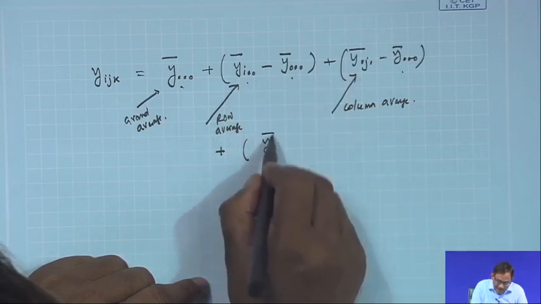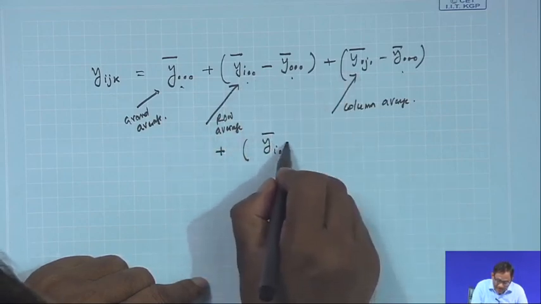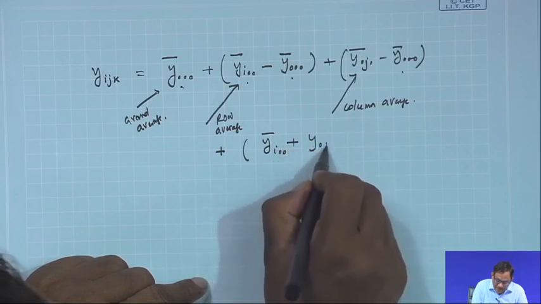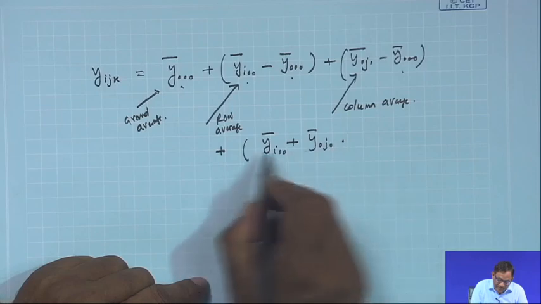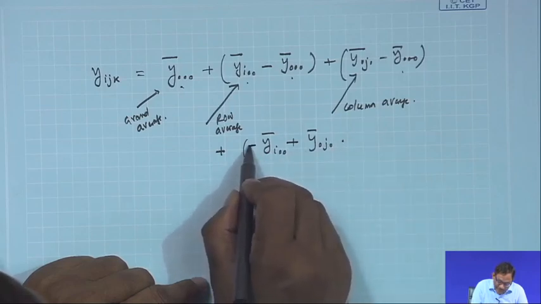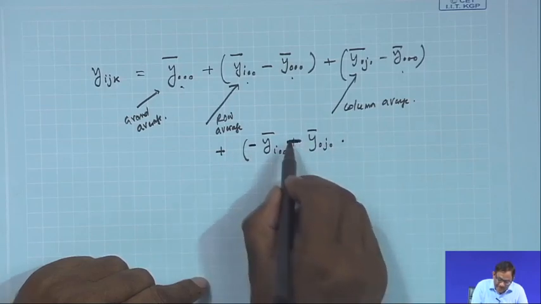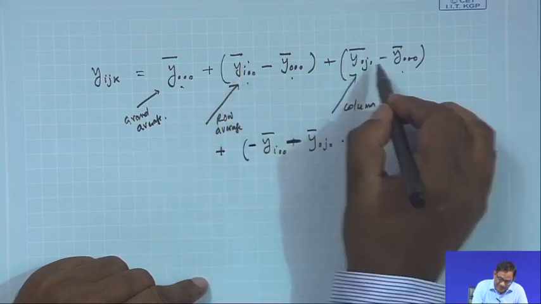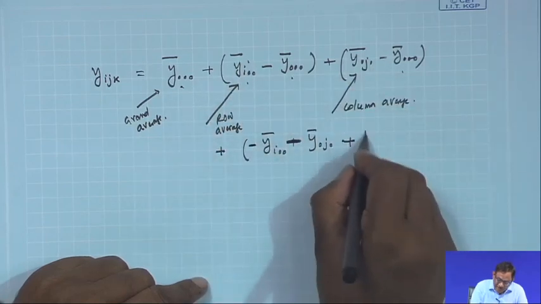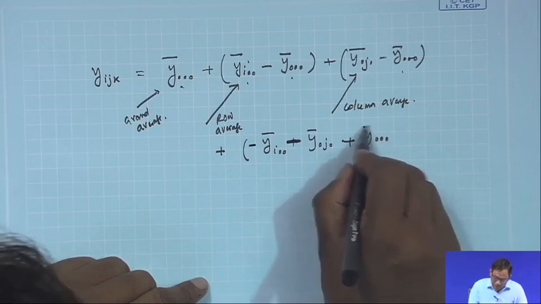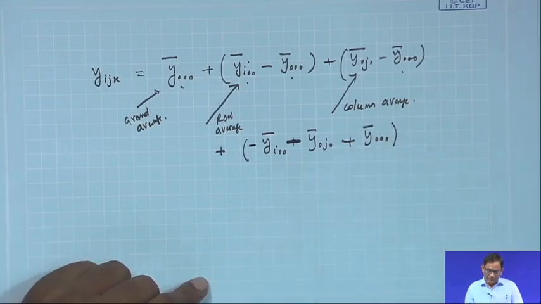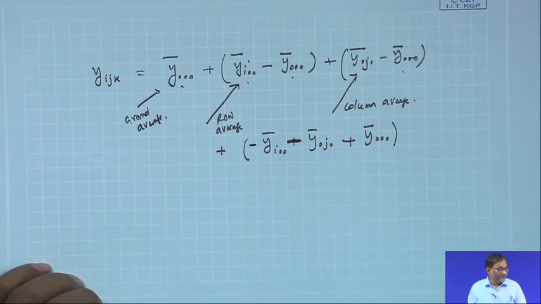So if I write yi dot dot bar plus y dot j dot bar, then I write minus this, because this is for plus, plus y dot dot dot bar. Okay.